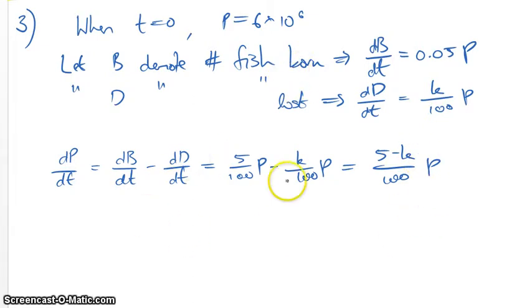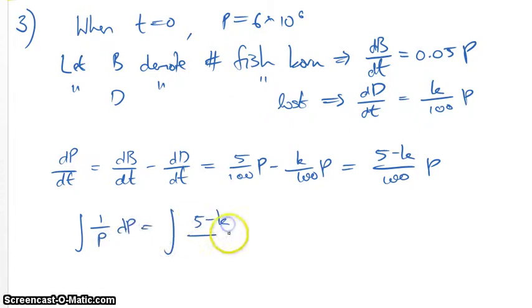So now we want to solve it. This is a simple separable differential equation. We can move the P to the left hand side and we get the integral of 1 over P dP is equal to the integral of (5 minus k) over 100 dt.